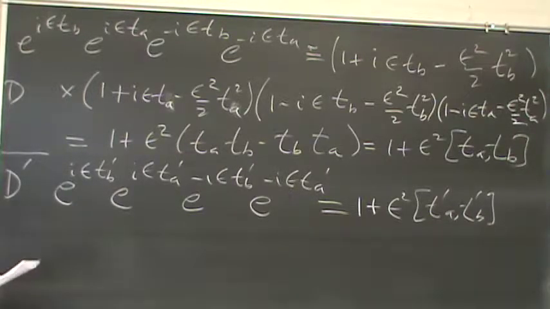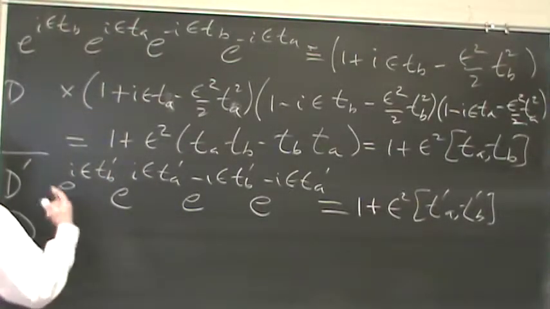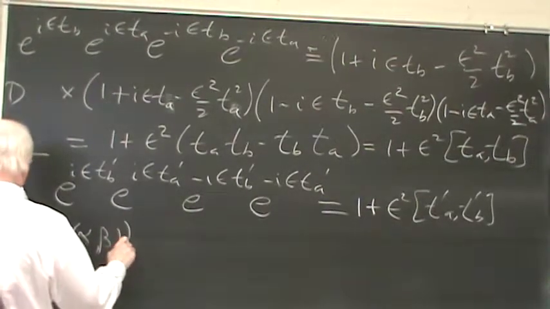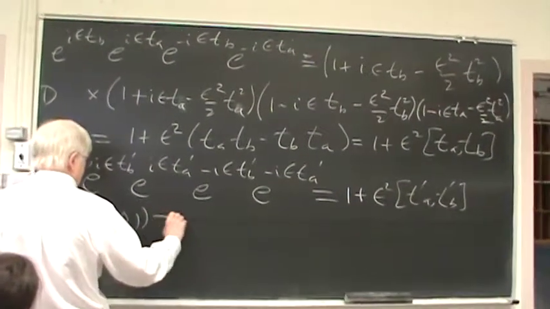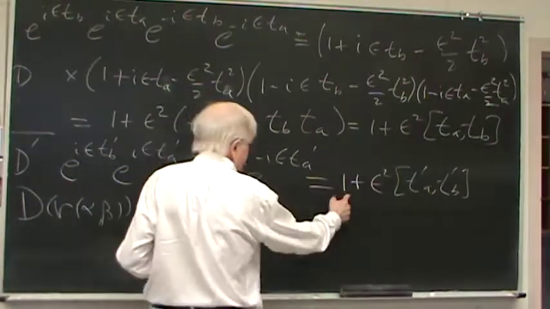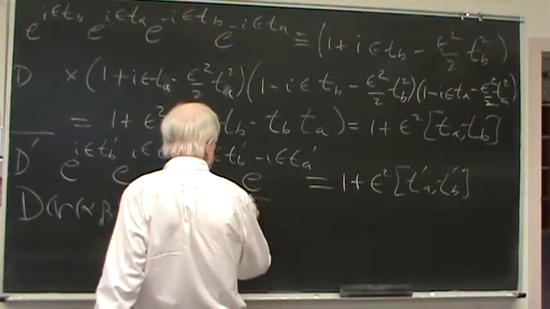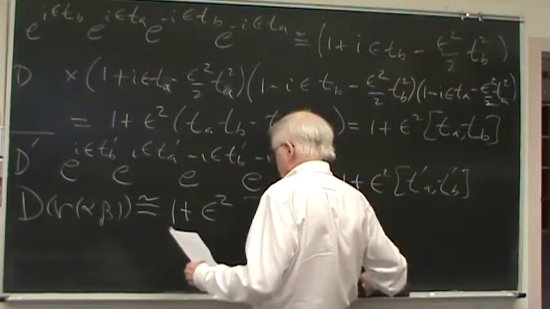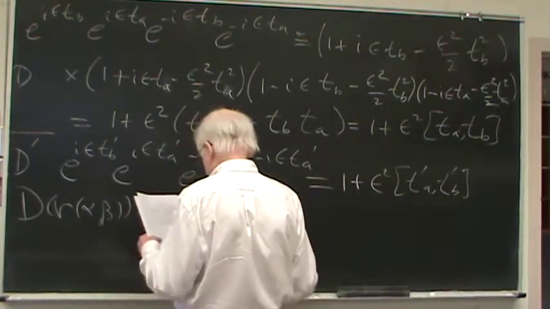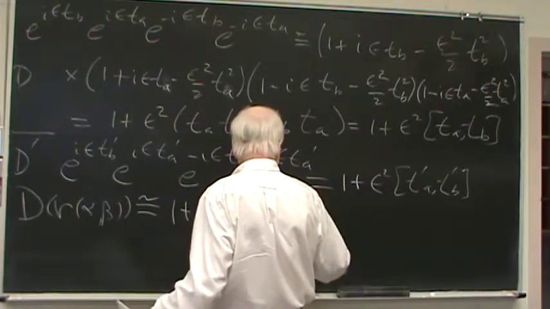And on the other hand, these have to equal D of gamma of alpha and beta. And D of gamma of alpha and beta approximately have to be like this, 1 plus epsilon squared times something. And the something, since I'm using a summation convention, I can write as F^C_AB T_C.